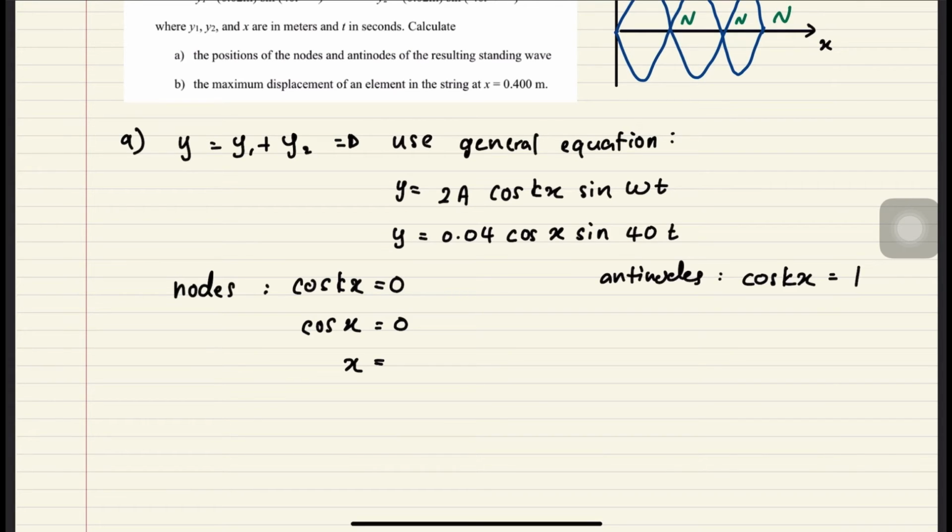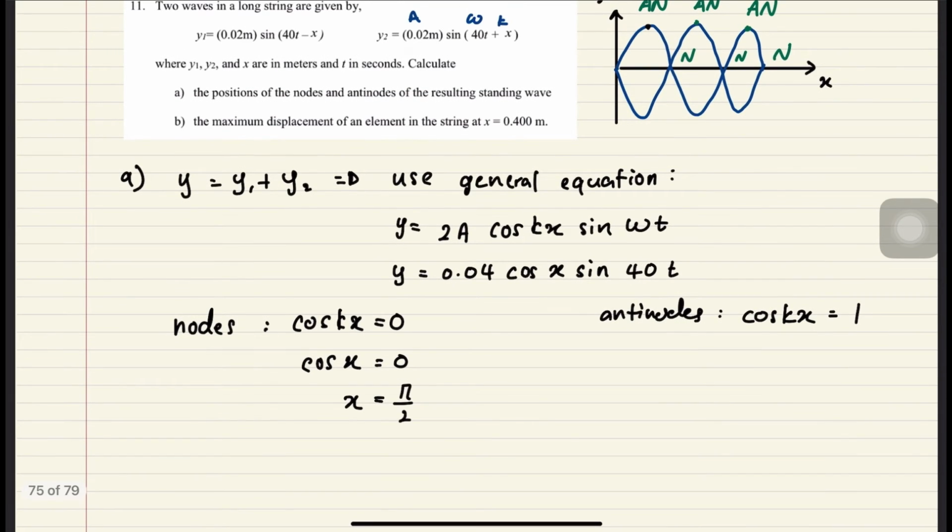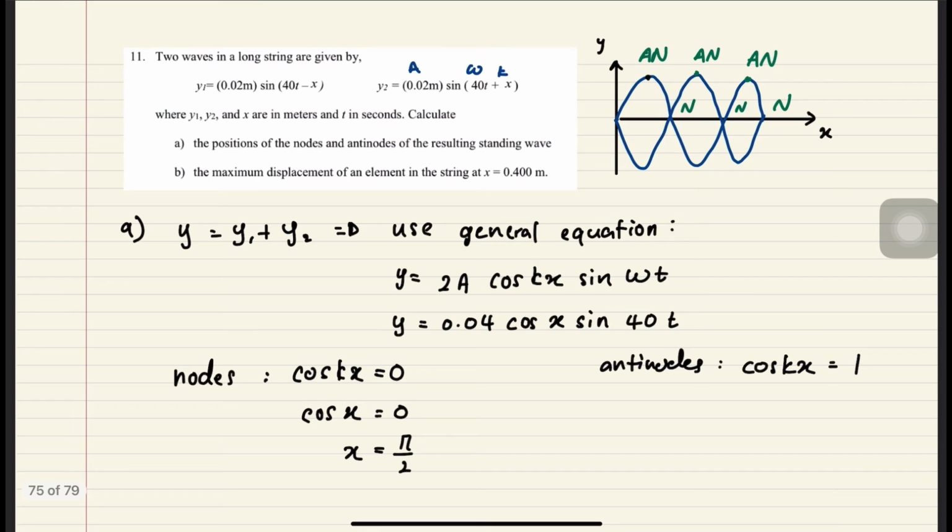It will be pi over 2. So pi over 2 is for the first position. Then you have to add another pi, so the position is something like this.